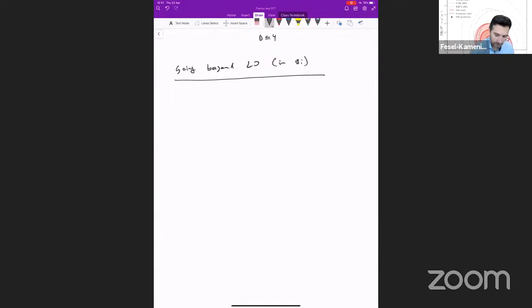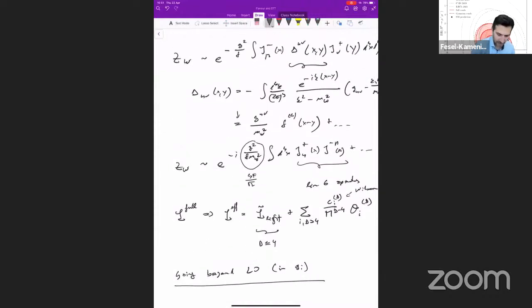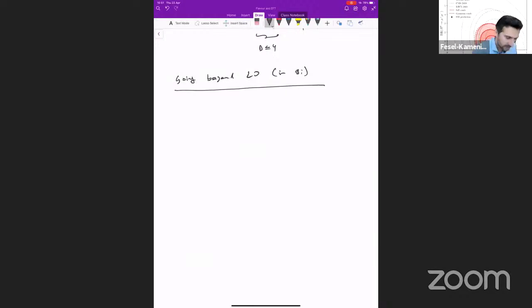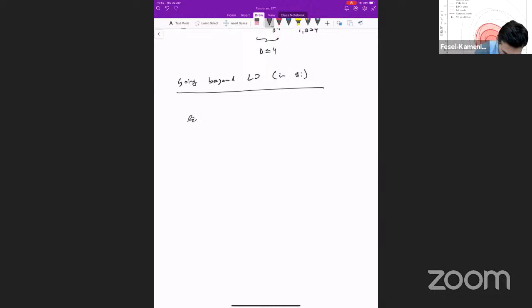So diagrammatically, what we've just shown up here with integrating out the W, since we're interested in the first non-trivial order, we can write this a bit technically: in the limit when the heavy mass, in our case the W mass, goes to infinity, the difference of m squared multiplied by the amplitude of the full theory, with the W exchange, minus the amplitude given by a local operator, which in our case was just J^mu plus J minus mu, goes to 0 when we send m to infinity.